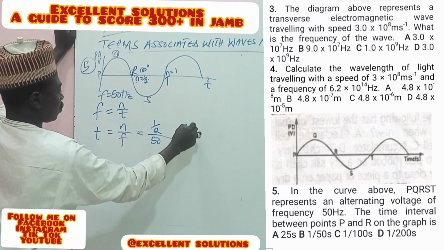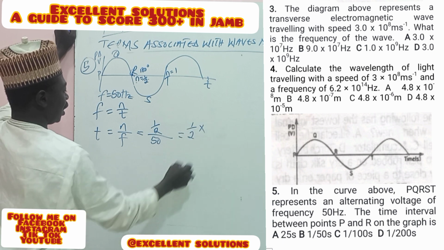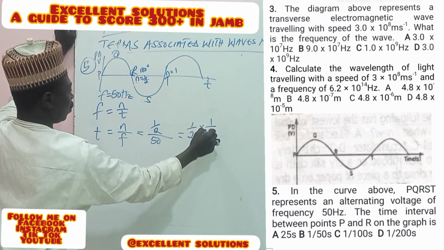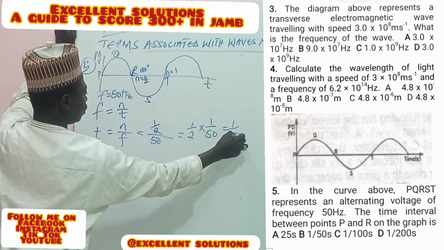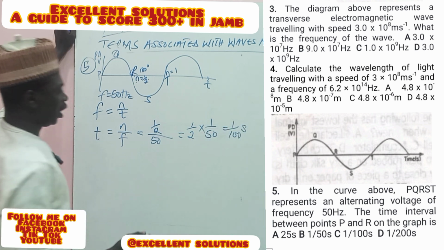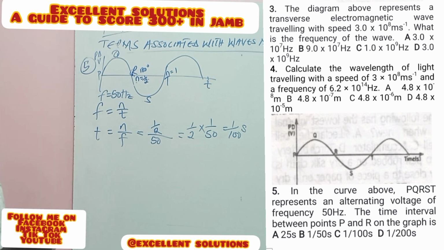So this is the same as 1 over 2 times, we take the reciprocal, 1 over 50. And this now becomes 1 upon 100 seconds. So the time interval between point P and R is 1 upon 100 seconds. If you look at our options, option C we have 1 upon 100 seconds. The answer is option C.